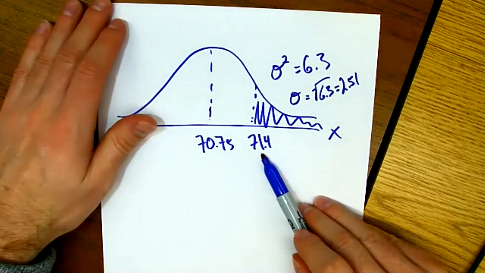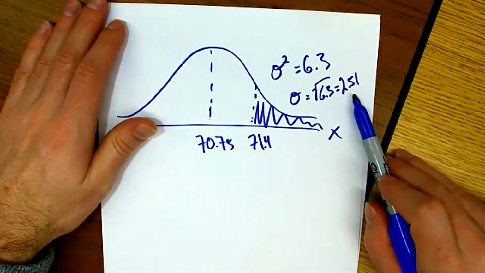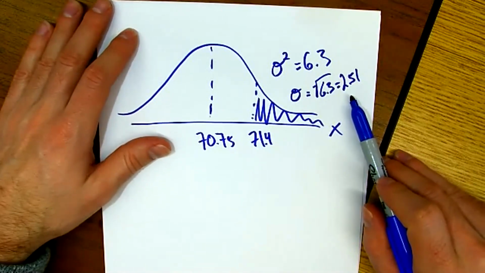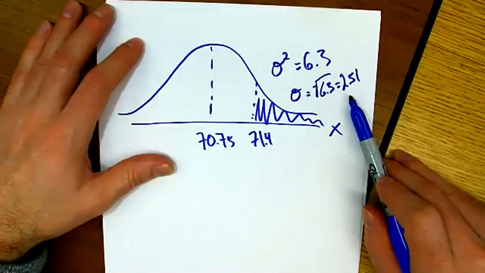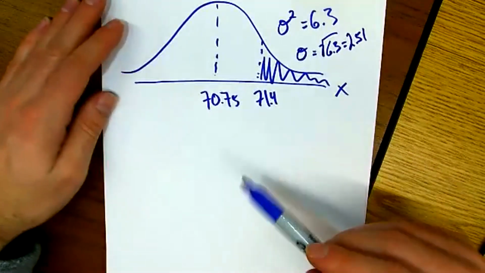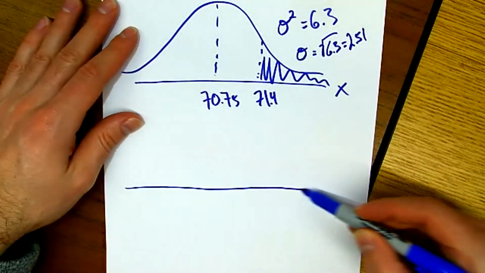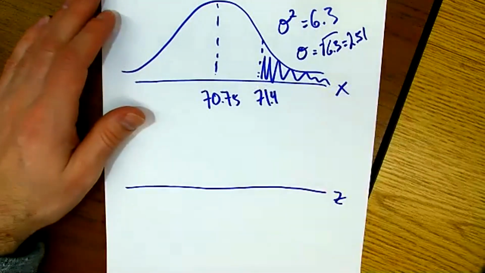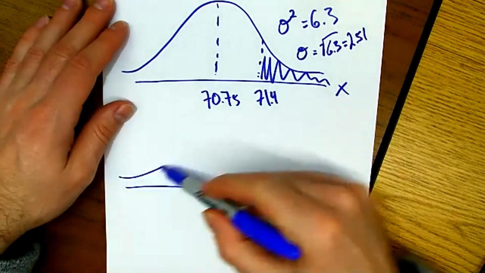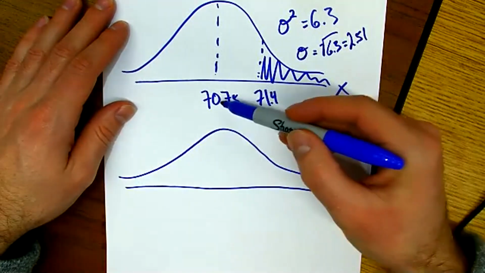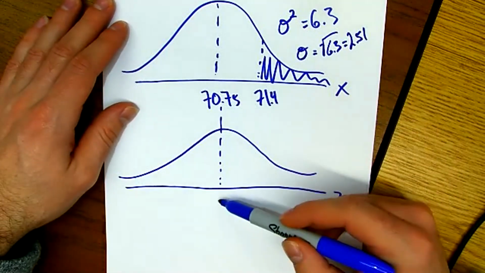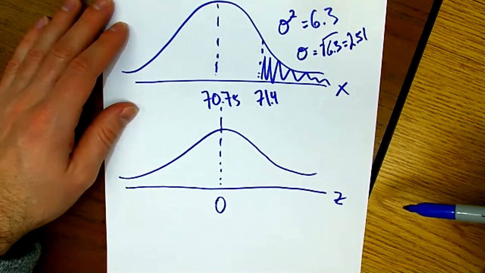I'm not even 1 away from the mean, so I'm less than even half of a standard deviation away, right? So we should end up with a pretty low z-score here, which means I probably drew this out of scale, because the z-score of the mean will always be 0.